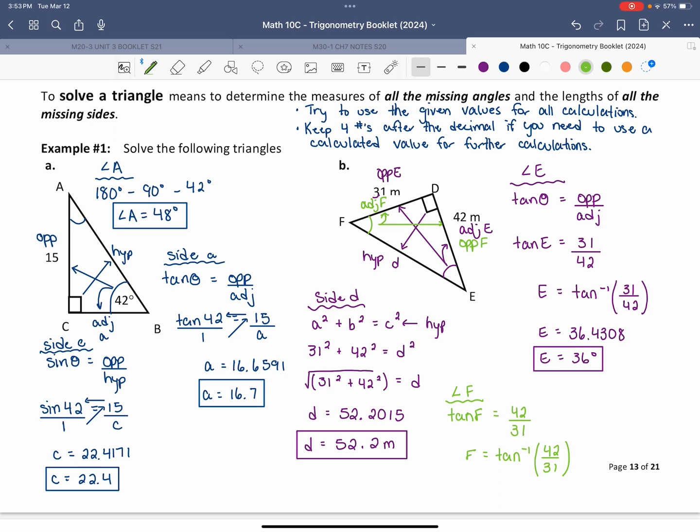And then we calculate. Shift tan (42 divide 31) equals. And we get F is 53.5691. Rounding to the whole number for angles would give us 54 degrees.